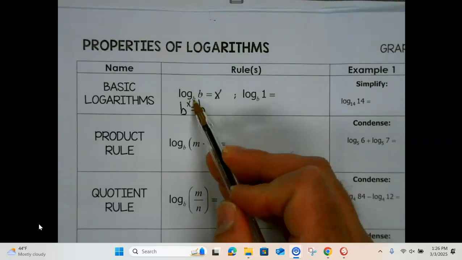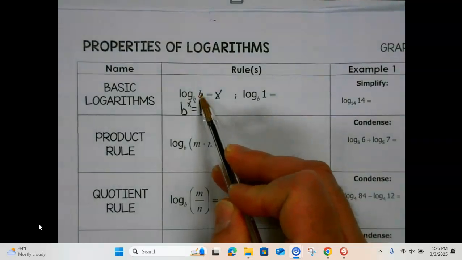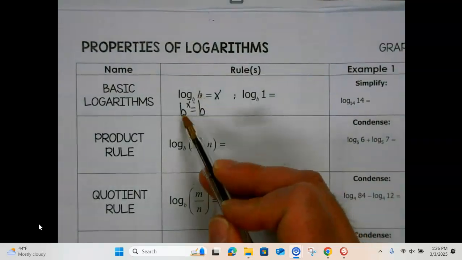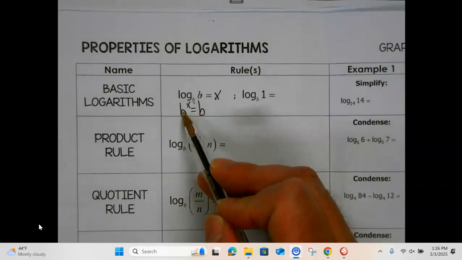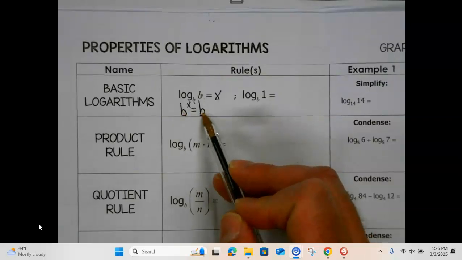We always said, this is my base, this is my answer. So what power could I take B to get B back?